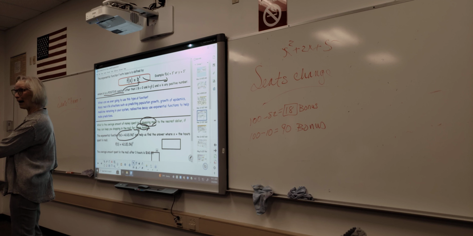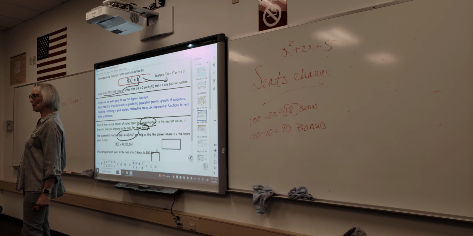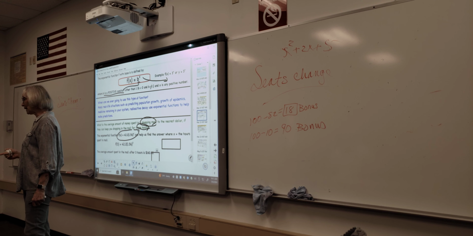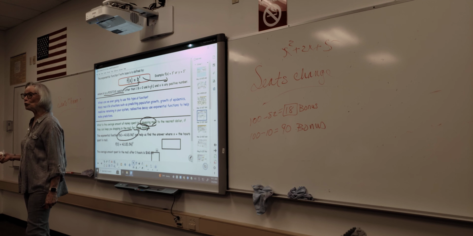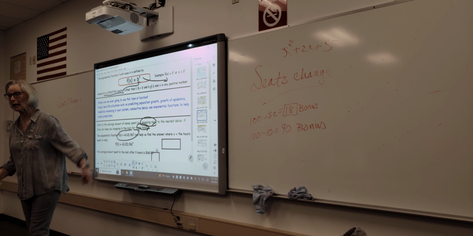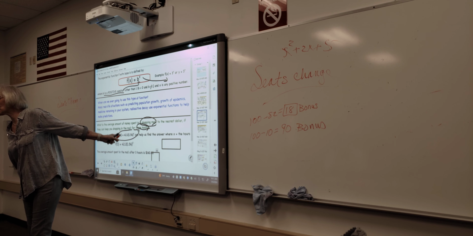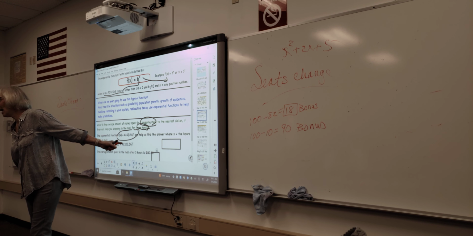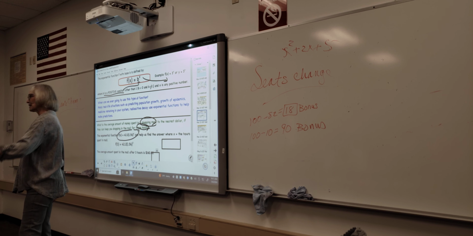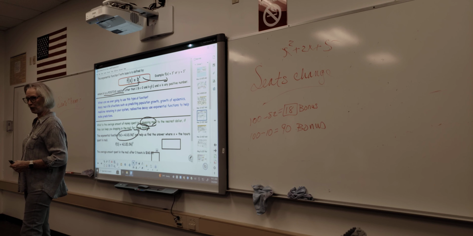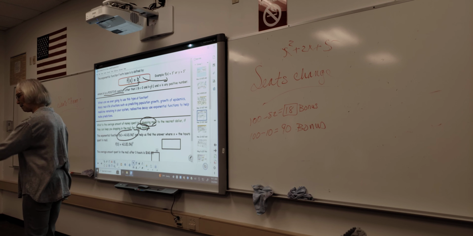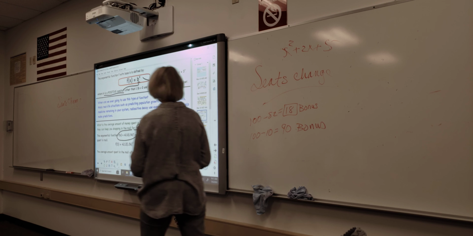It might not buy as much, but it's gonna be the same amount of money. When we put our money in the bank, it grows exponentially. That's what we're doing, exponential functions. Every banking system is doing what I'm going to teach you today. And I'll show you that in a minute with the pink sheet.